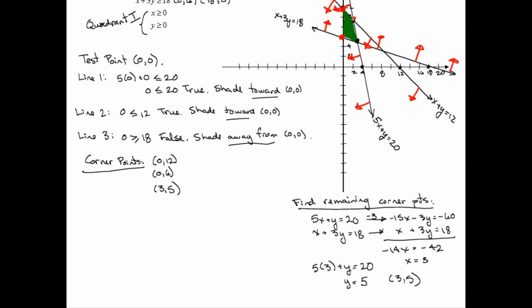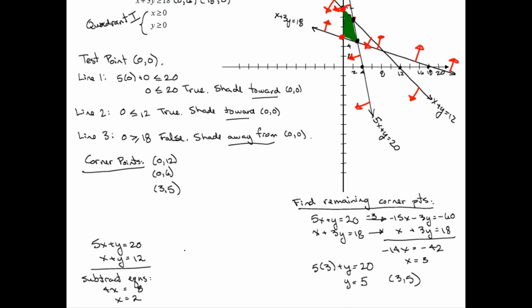Now we need to go to our next one. For this one, looks like we need 5x plus y equals 20, and we also need x plus y equals 12. If you want, you can just subtract the equations right here. What will that give me? 4x, y minus y is 0, 20 minus 12 is 8. And so now my x is 2.